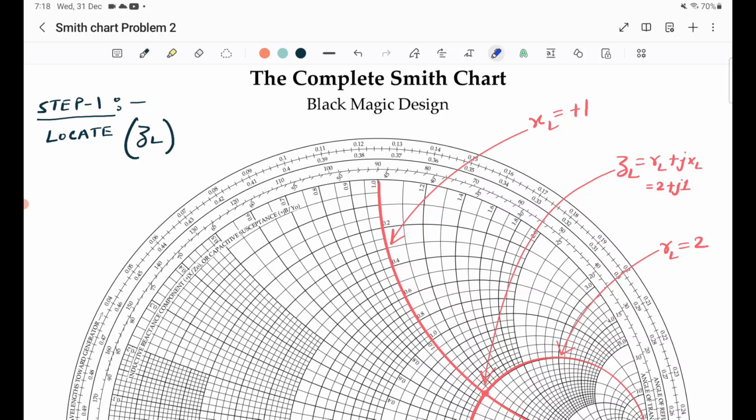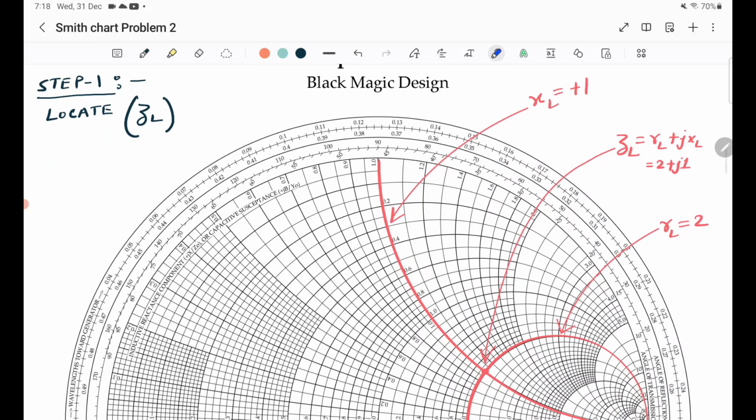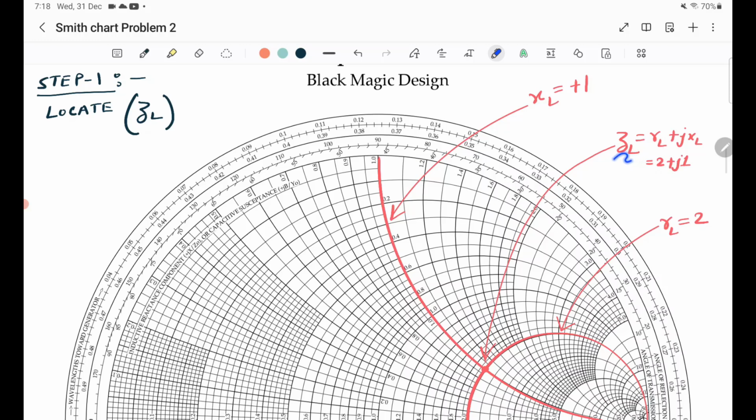So step number 1 is locate ZL. We have found that the normalized load impedance ZL is 2 plus j1. That is, the value of the resistance is 2 and the value of reactance XL is 1.